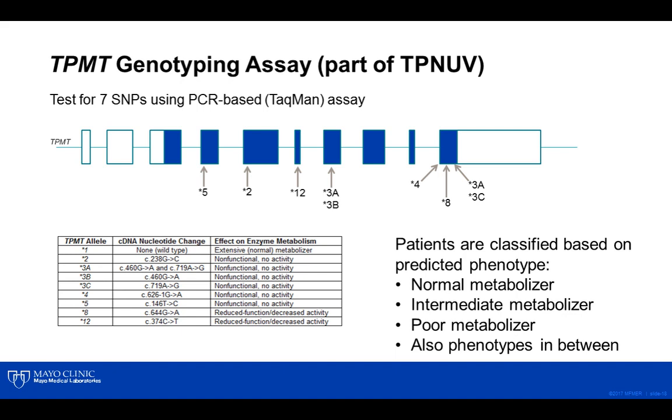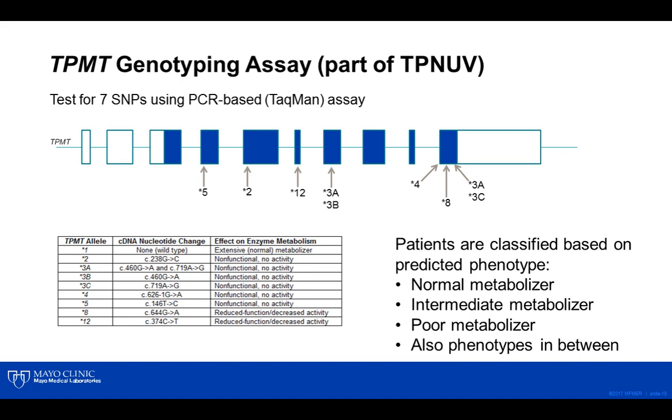The diagram on this slide represents the TPMT gene, with the coding exons represented by blue boxes, the non-coding exons as white boxes, and the line through the middle represents the introns and the 5' and 3' flanking regions. Each position queried in our assay is identified by an arrow.